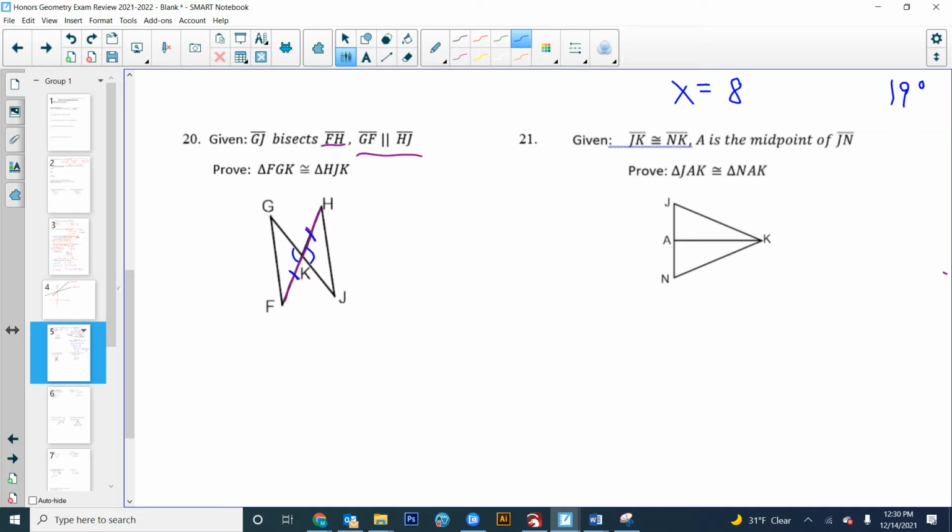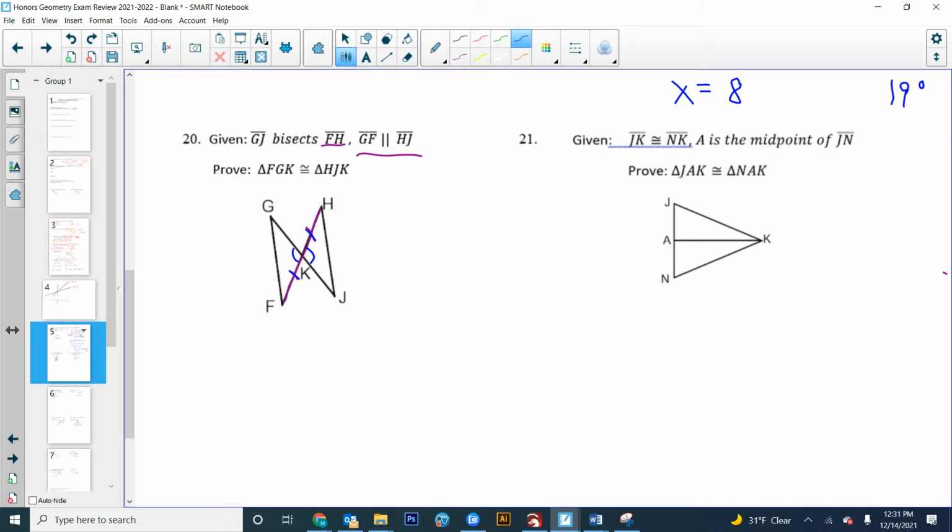People put SSA, which is not one of them anyway. They didn't have anything marked, and because of that, they kind of just guessed at it. I'm telling you right now, as soon as you find out segments or angles are congruent in triangles, put a mark on, tick marks, arc marks. Don't just wing it. All right, mark up the picture.